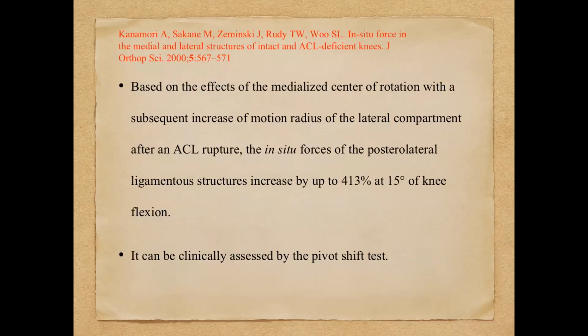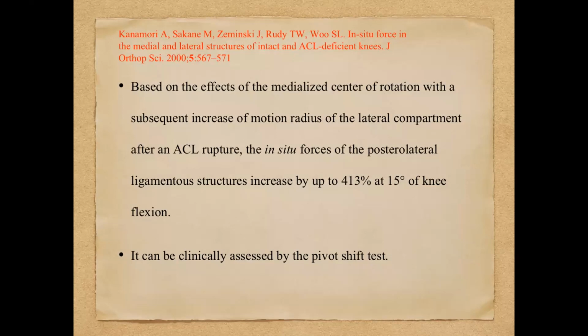Kanamori et al. published an article on in situ force in medial and lateral structures of intact and ACL deficient knees in the Journal of Orthopedics in 2000. He determined that both the medial and lateral collateral ligaments compensate for the in situ force against the internal rotation when the ACL is ruptured.